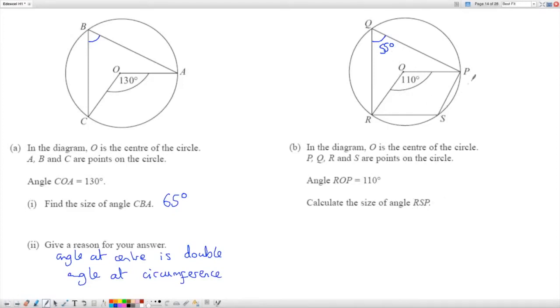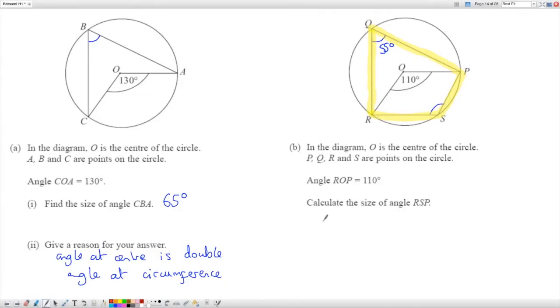RSP, this angle here. This angle is not 55. This angle is part of the angles shown here in the cyclic quadrilateral. We can see here that RSPQ forms a quadrilateral where each of the corners, the vertices, are on the circle.